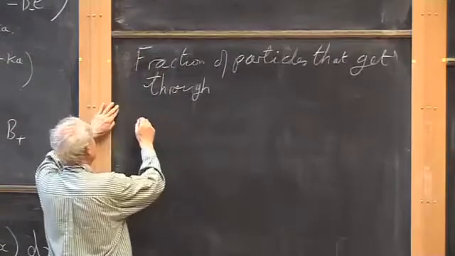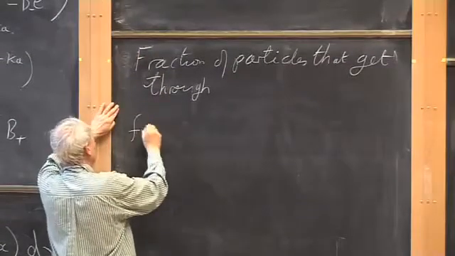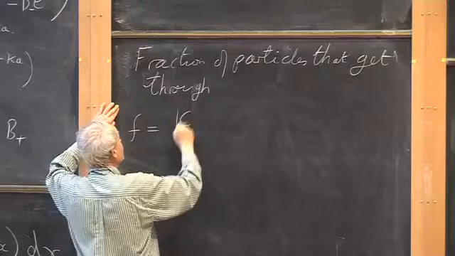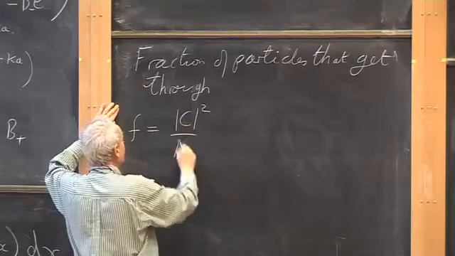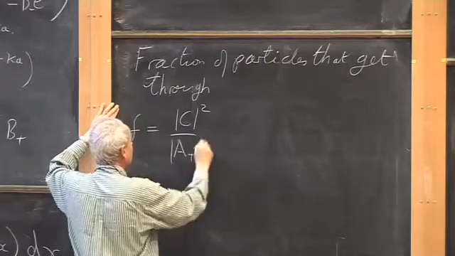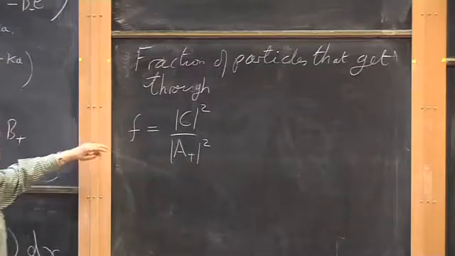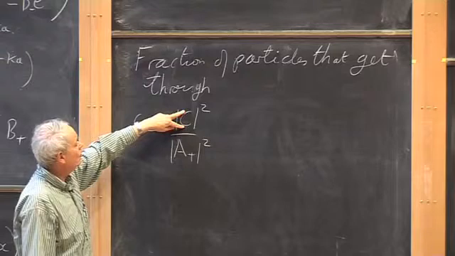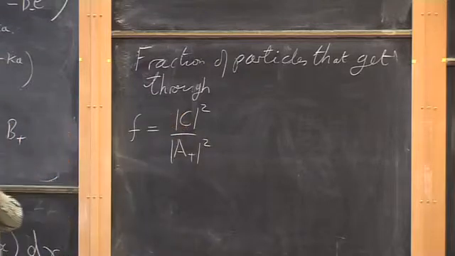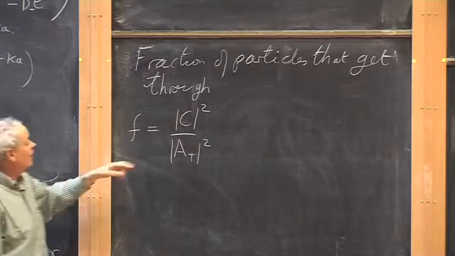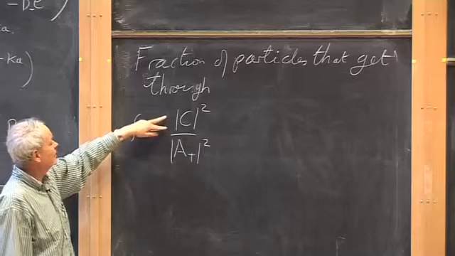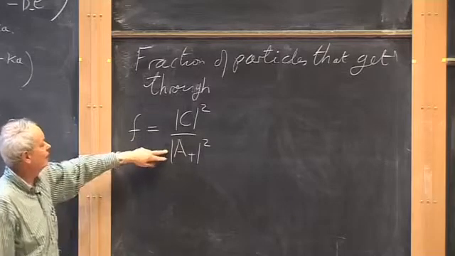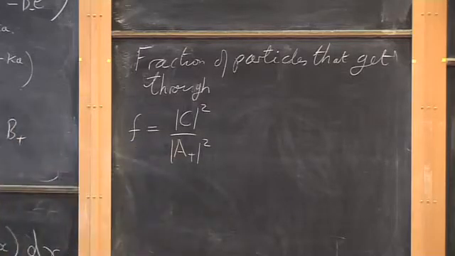So this fraction that we want, we'll call it F, is going to be mod C squared over A plus squared, because the constant of proportionality, namely h bar k over m, between this quantity and the outgoing flux on the right is the same as the constant of proportionality between this constant and the incoming flux on the left.